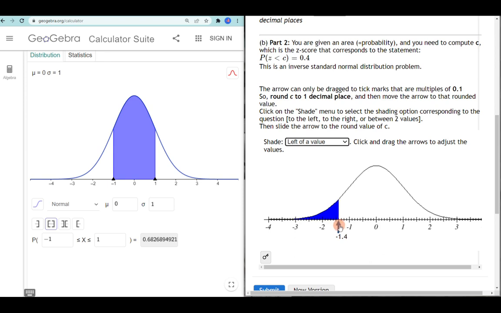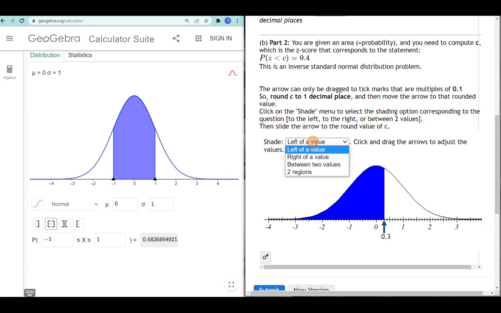I'm going to change this value here, my possible c. I want to know where on the normal curve I need to place this arrow so that the area shaded is equal to 0.4. Because this problem is saying z-scores less than c, the shading that I want to do is going to be the left of the value.